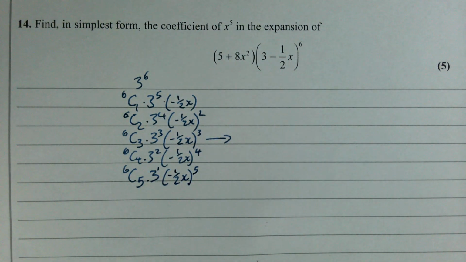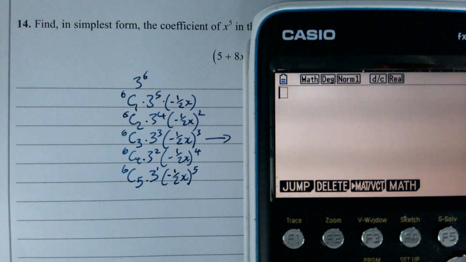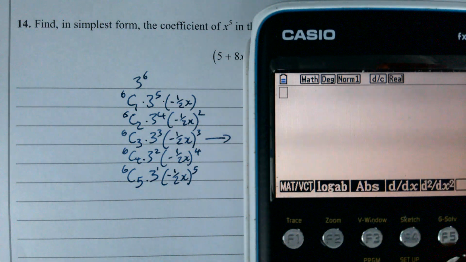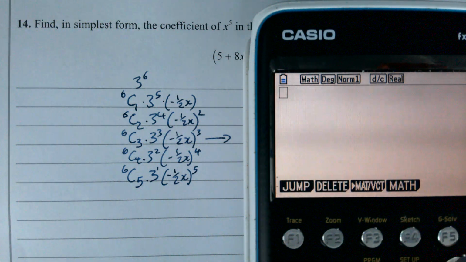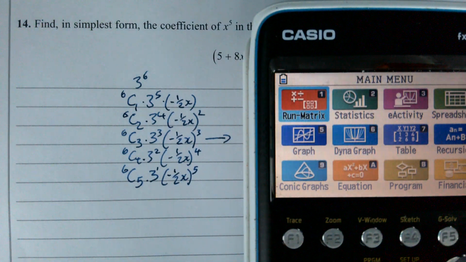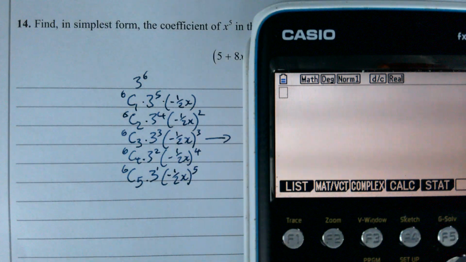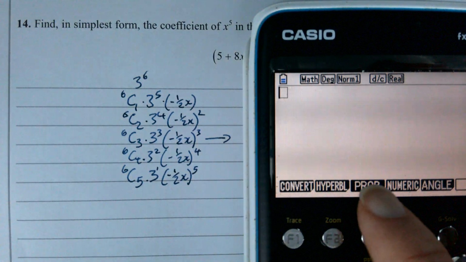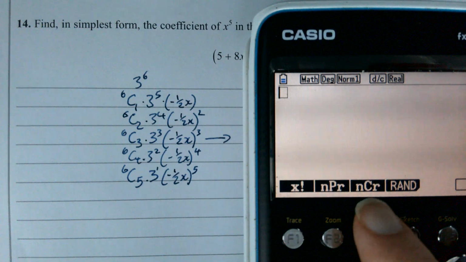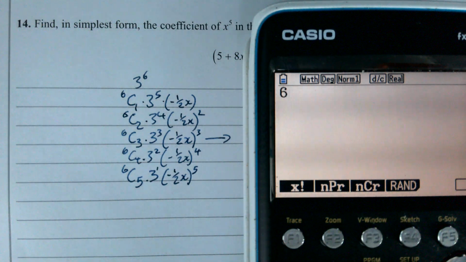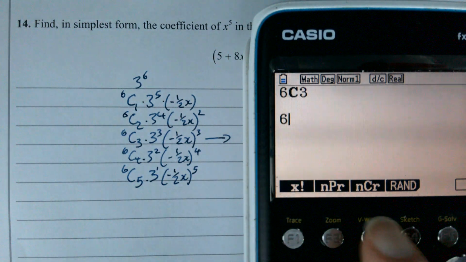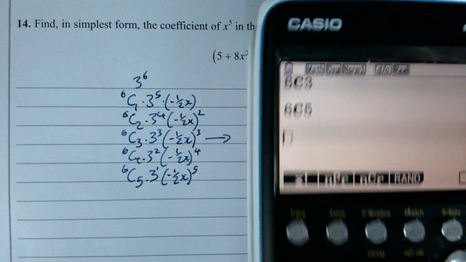Well, you get the calculator, and it's menu, no, it's not, it's option, and then it's probability, and then it's nCr. So 6 choose 3 equals, and I'm going to need 6 choose 5, so I'm going to do that at the same time. 6 choose 5, which is 6.